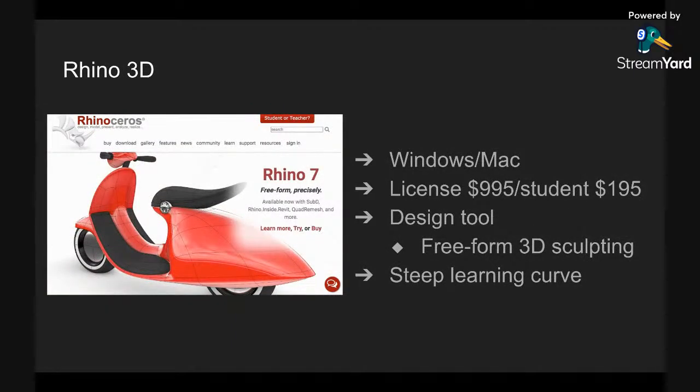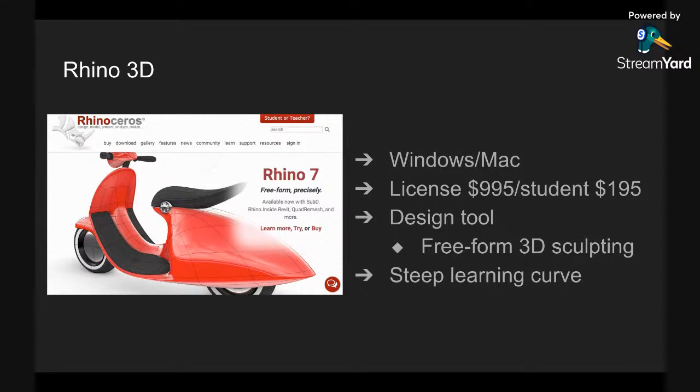And finally, there's a tool that I haven't used, but I've read reviews of recently, which is again a fairly high-end tool called Rhino 3D. This tool is quite expensive for the full license, but the student version is quite affordable.